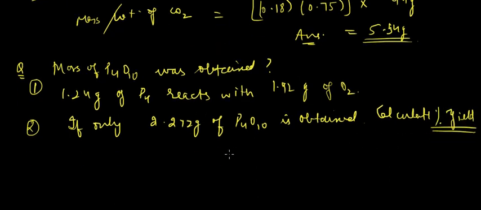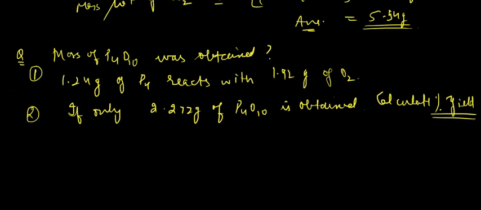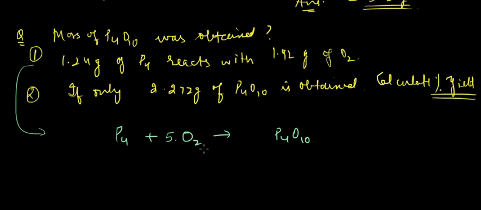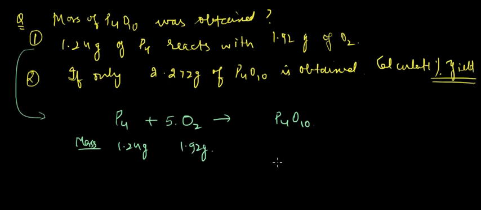Okay, so let's dive into the first part. Let me write down the reaction first. P4 plus O2 gives P4O10. Let's balance it by having 5 moles of oxygen here. Now we are given that 1.24 grams of P4 is consumed and 1.92 grams of O2 is consumed.